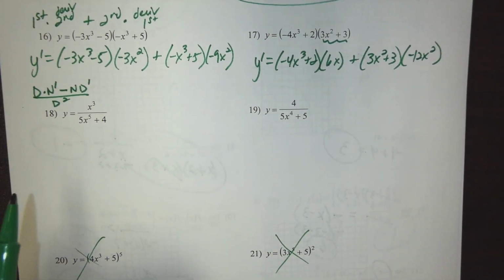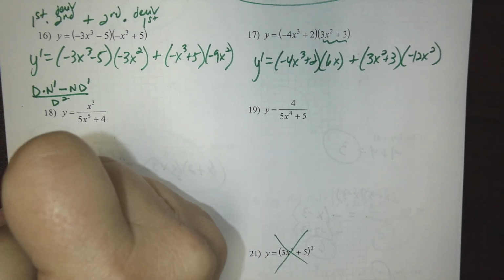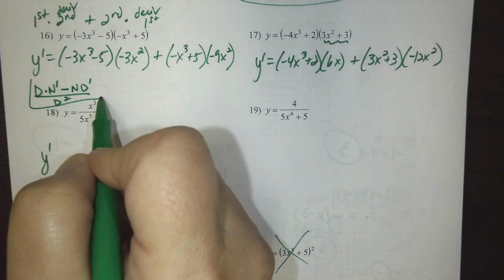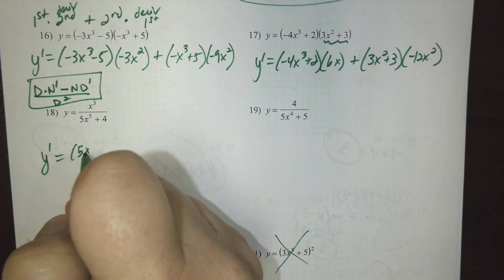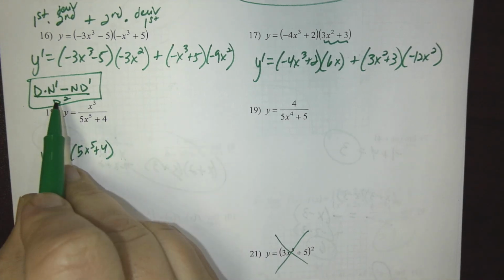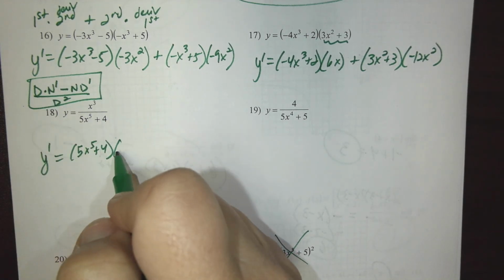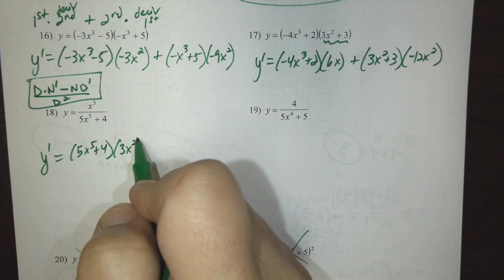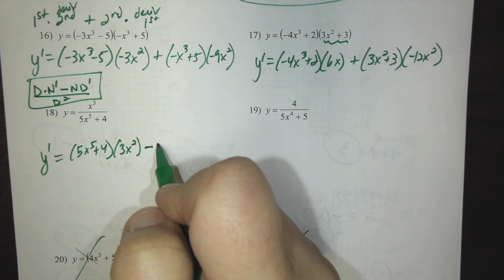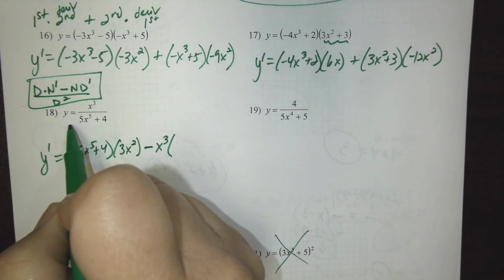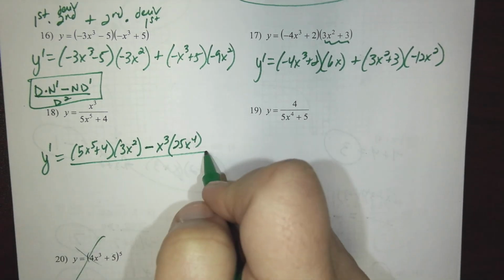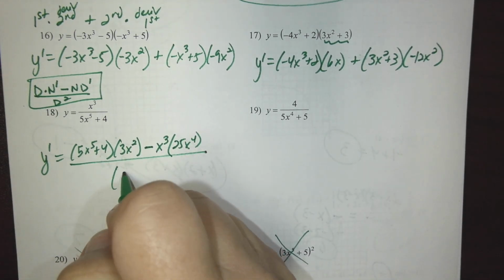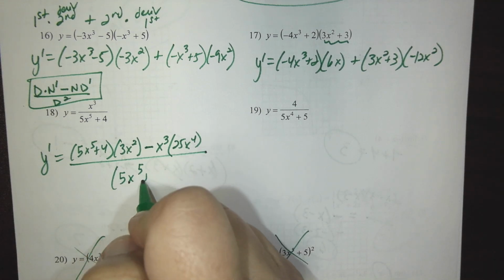And then this is quotient rule, and quotient rule is, I wrote it right here: denominator, write the entire denominator, times the derivative of the numerator, which is 3x squared, minus the numerator times the derivative of the denominator, which is 25x to the fourth, over the entire denominator squared.